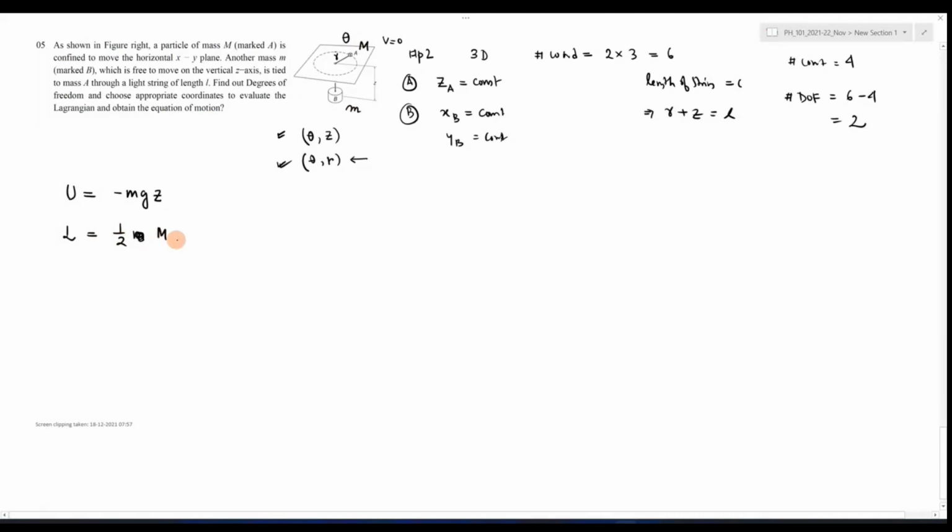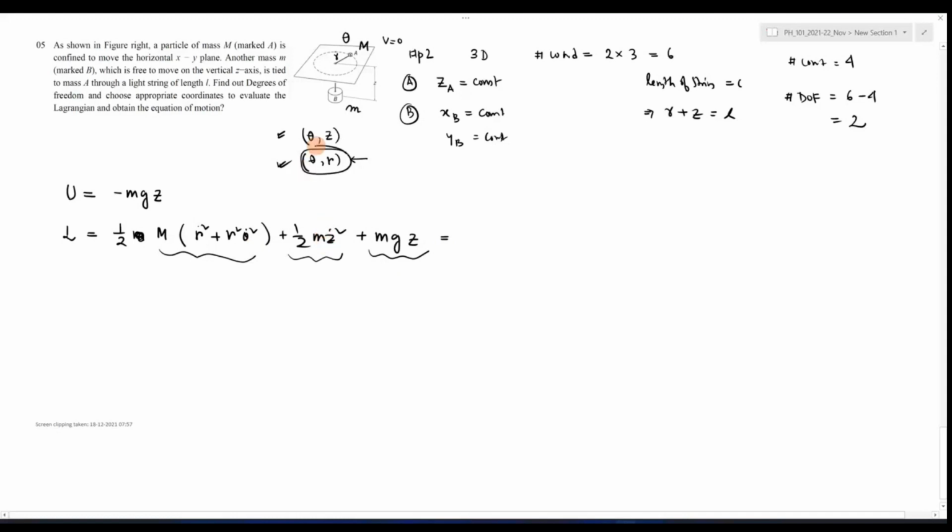So our kinetic energy will be half capital M r dot square plus r square theta dot square plus half small m z dot square minus potential energy, which will give us mgz. Is this Lagrangian fine? This is coming from particle A, this is coming from particle B, and this is our potential energy. Are you guys with me? Yes.